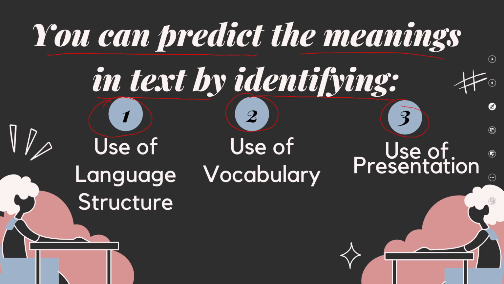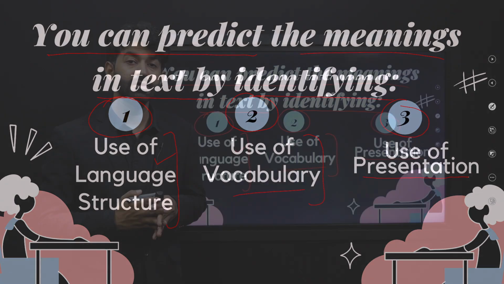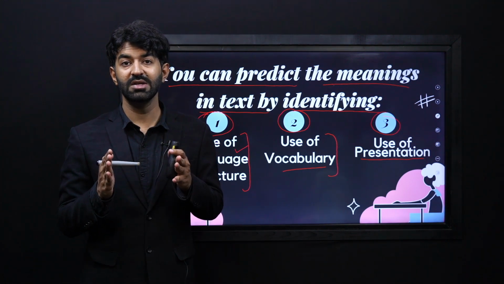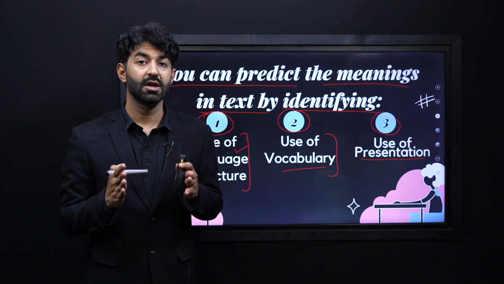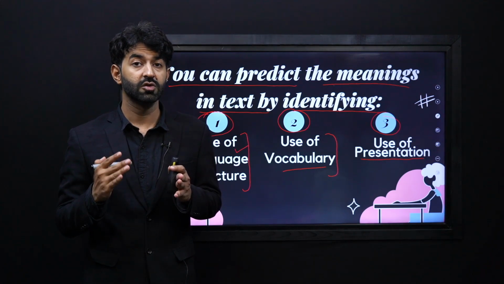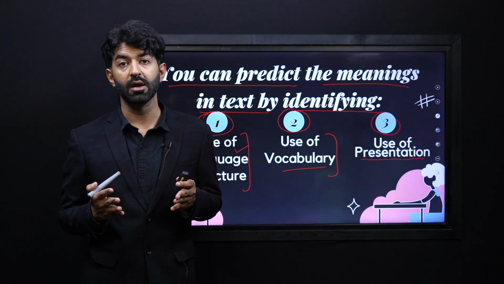Number one is the use of language structure. Second one is use of vocabulary, and the third one is use of presentation. Now, number one is the language structure. We will see how the sentences are structured so that we can predict the meaning.